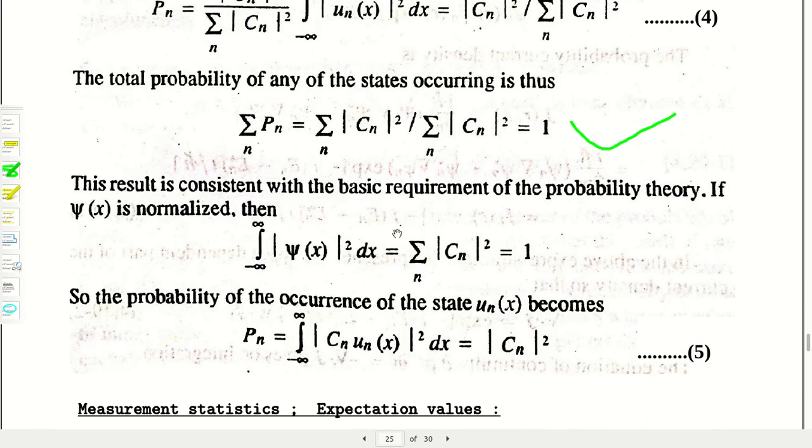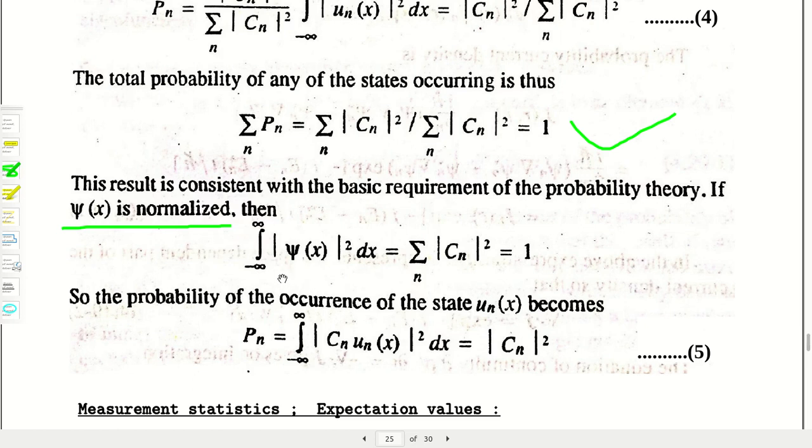How? If you assume that psi x is the normalized wave function, which I have not assumed in the very beginning of this calculation, but now as a special case you can assume that psi x is normalized.